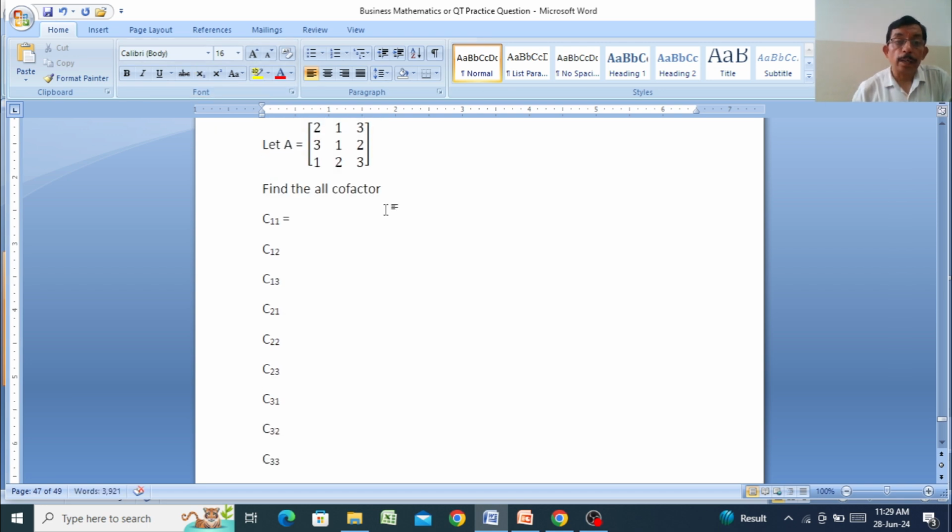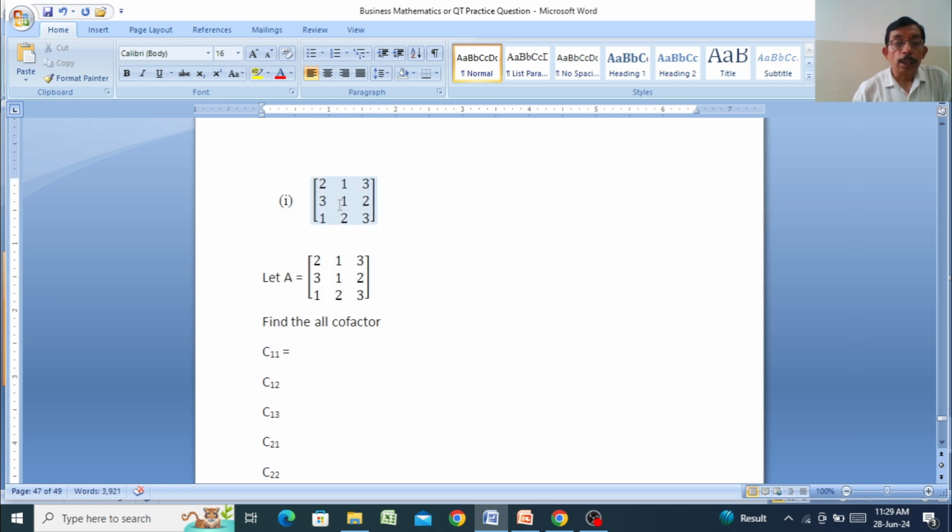Now find the value of C11. The first row, first column element is cancelled out. Then the remaining elements are written in the form of a determinant.